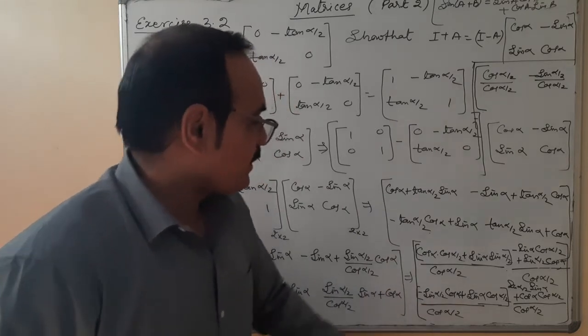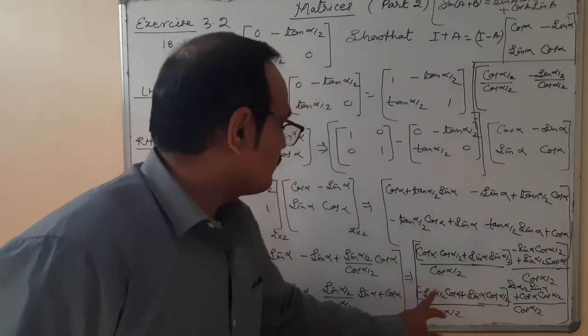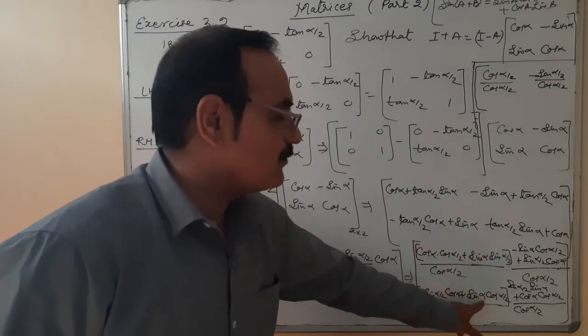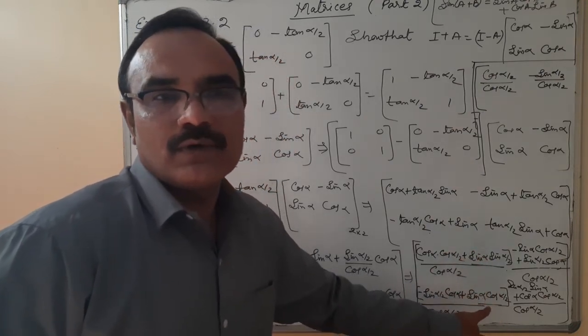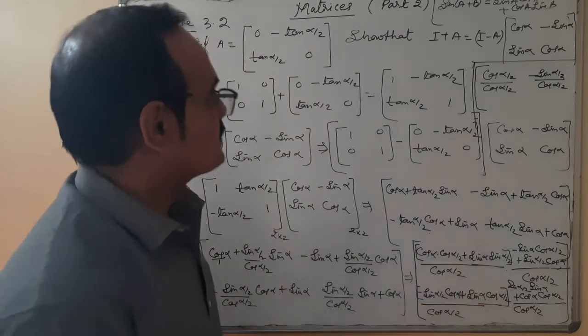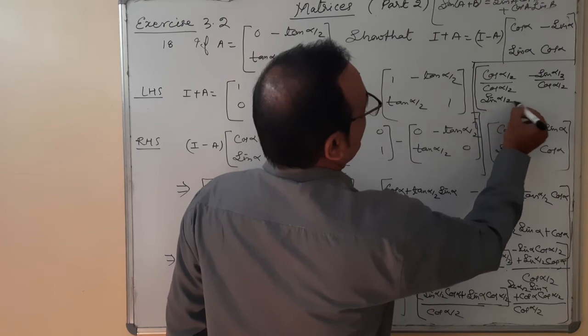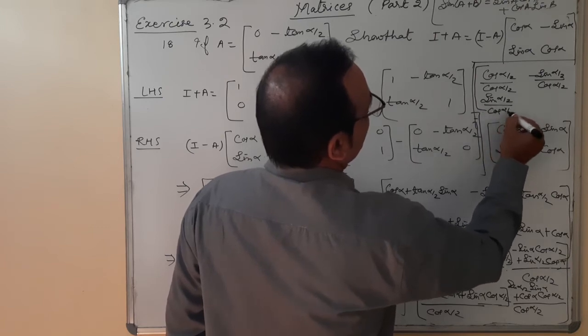Third one, sin A cos B minus cos A sin B, sin A minus B, but here sin with alpha minus alpha by 2. Alpha by 2. So sin alpha by 2 upon cos alpha by 2.